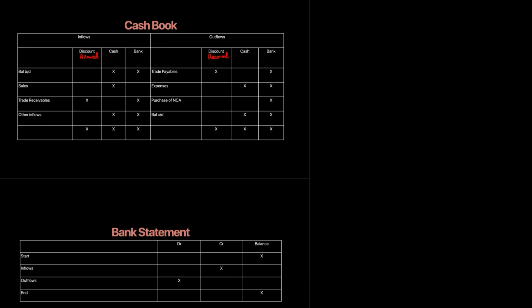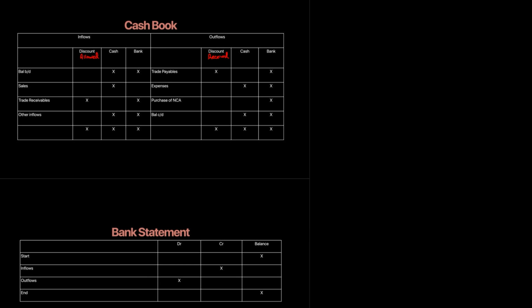We can take an example. The bank might charge you service charges at the end of the month, but you have no record of that. That will appear as an outflow in the bank statement, right? Let's say you received a dividend income from a company that you invested in, but that record has not been shared with you as yet. That will appear as an inflow in the bank statement.